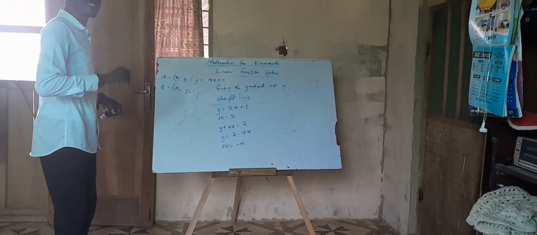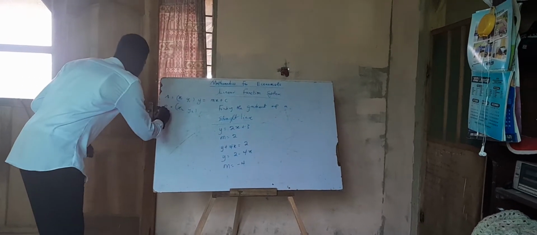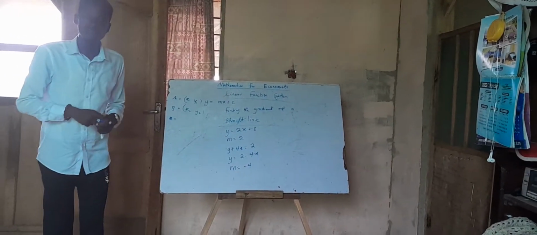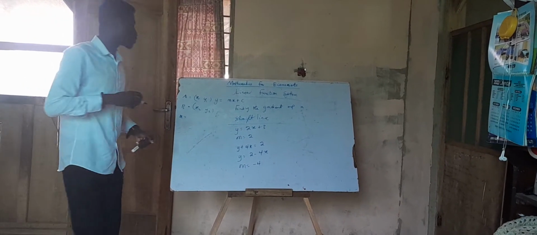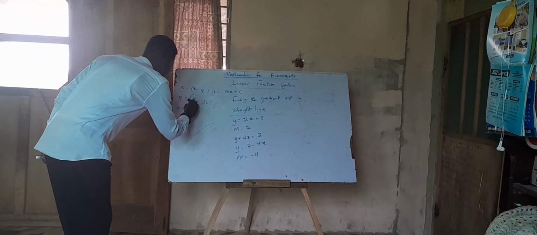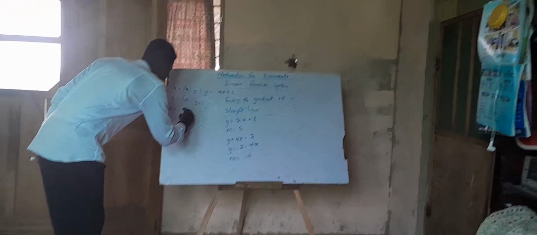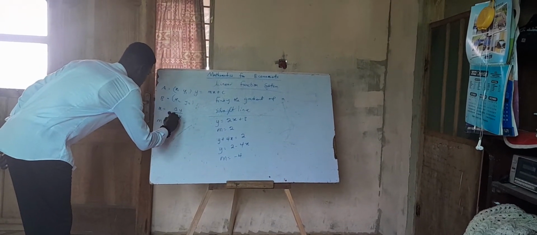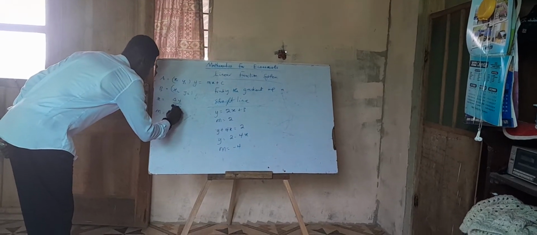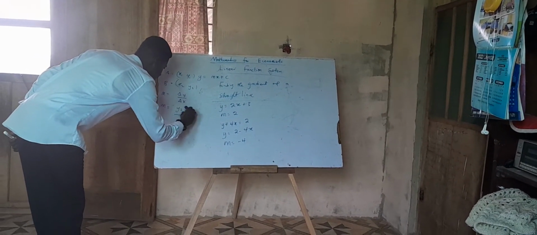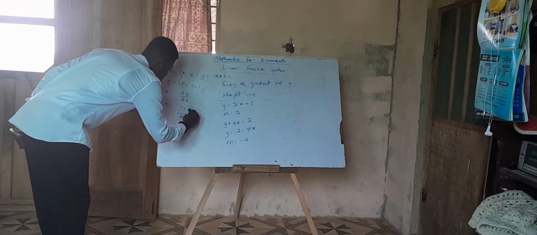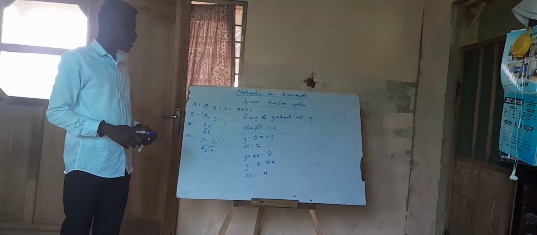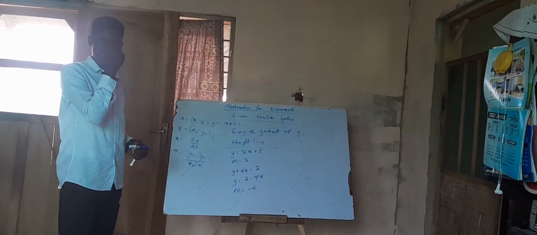To find the gradient, m is equal to the change in the vertical axis over the change in the horizontal axis, that is change in y over change in x. So m is equal to y2 minus y1 over x2 minus x1. This is how to find the gradient when you are given two points.